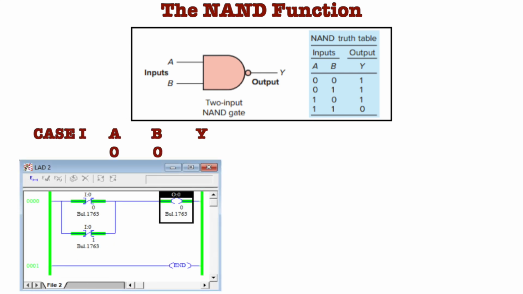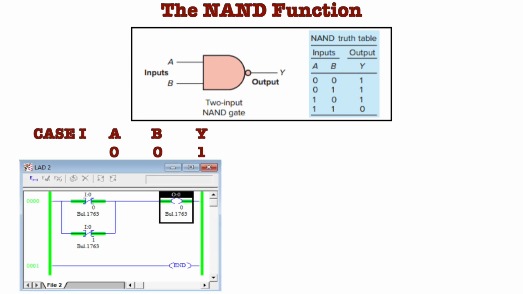So now we will implement this NAND function by using ladder programming. Basically we can design the NAND function by using two normally closed switches in a parallel form. Let's consider case 1 in which A is 0, B is 0.